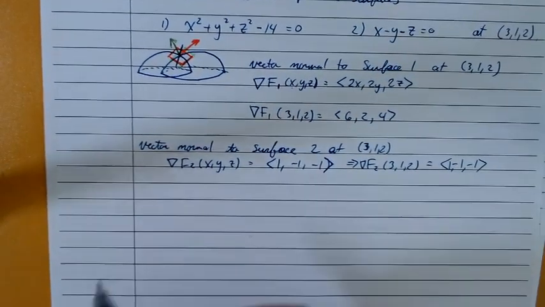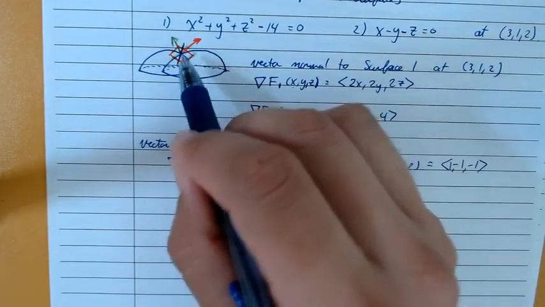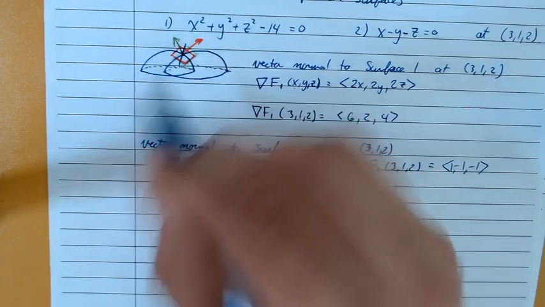If you go back to chapter 11, that is the cross product. The cross product of two vectors gives you a vector that's orthogonal to both.